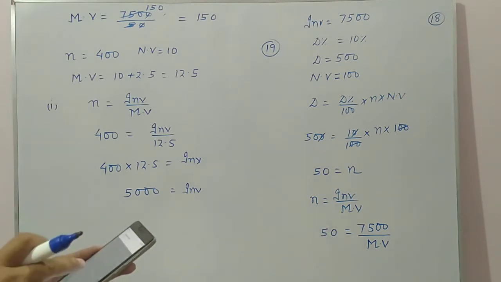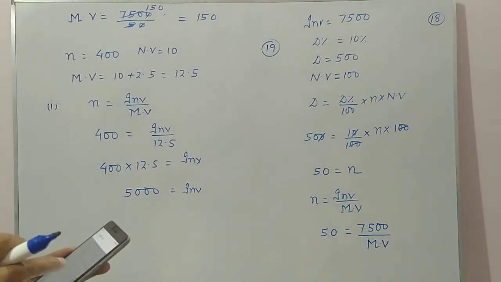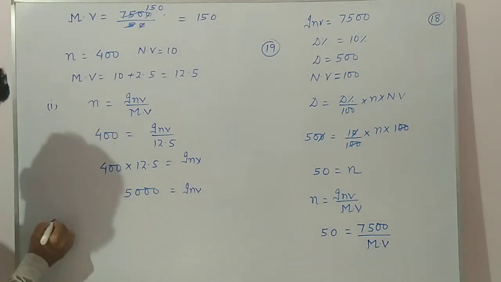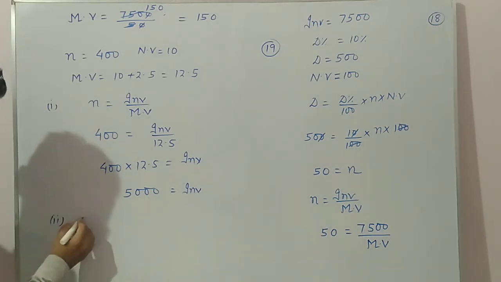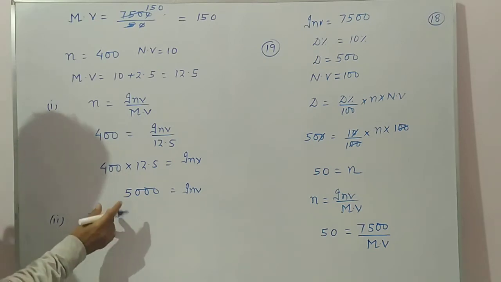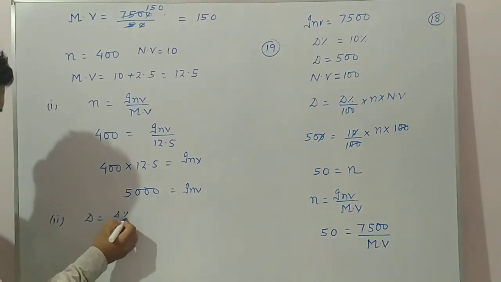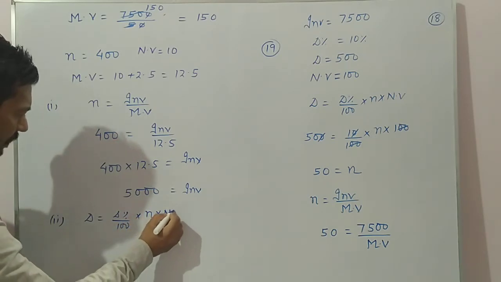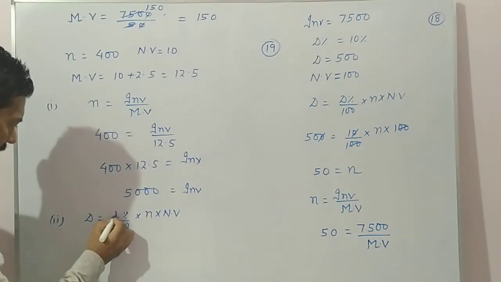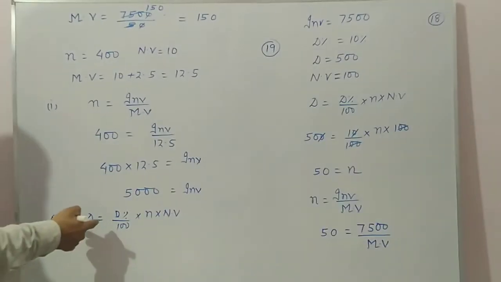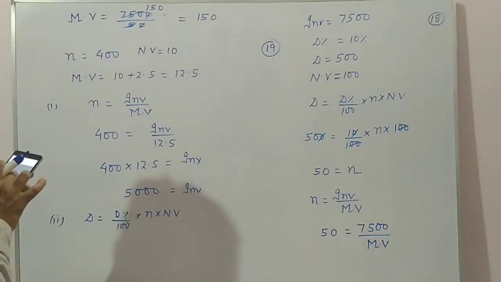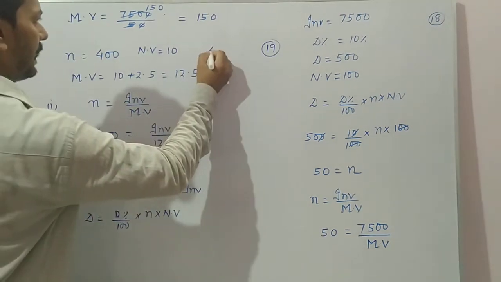Next, second part, what we require is the dividend received and percentage yield. Dividend you can find using the formula dividend percent by 100 into number of shares into nominal value. Dividend percent is given here, it is 8%.